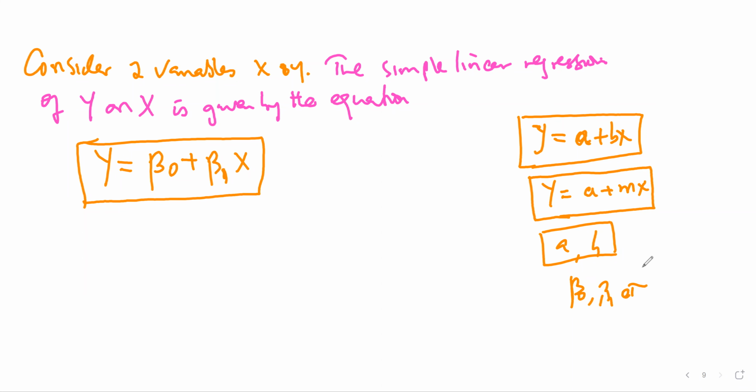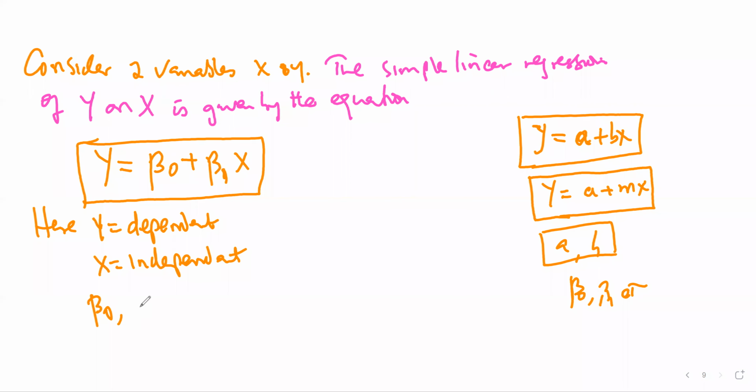So here, y is the dependent variable and x is the independent variable. Then beta naught and beta 1, these ones are known as the regression coefficients.